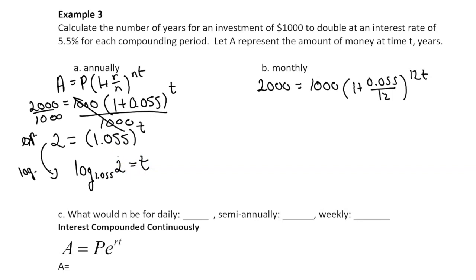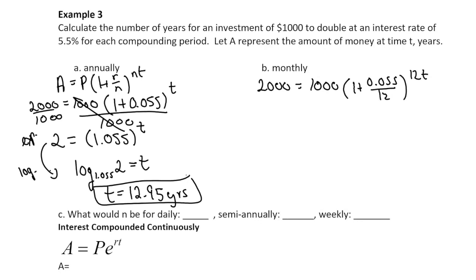Remember, you should have your log base function on your graphing calculator. I'm going to go to 2 decimal places. t is going to equal 12.95 years. So just under 13 years to double your money. That's part one of it.